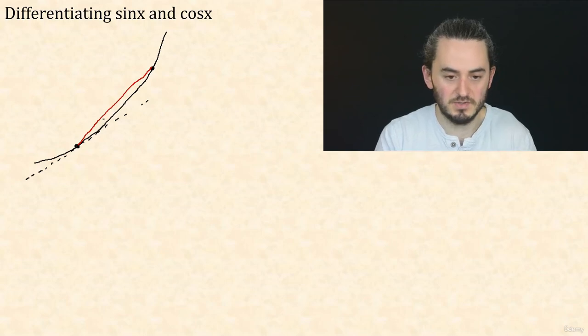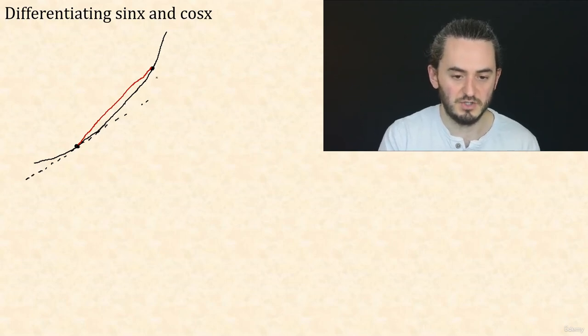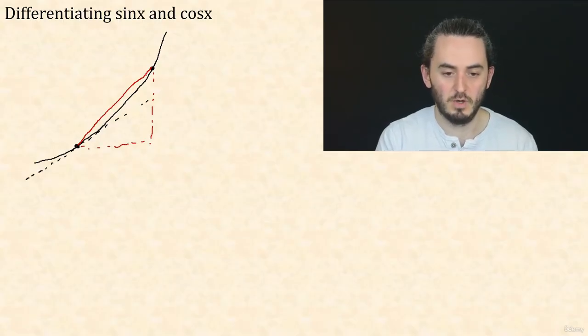And we can do that because gradient is just change in y divided by change in x, so we're just working out change in y divided by change in x, and we come up with an expression for what the gradient of that red line is, and then we algebraically slide this point down until it gets closer and closer, and as it becomes infinitely close, the gradient of that red line will be the same as the gradient of the tangent.